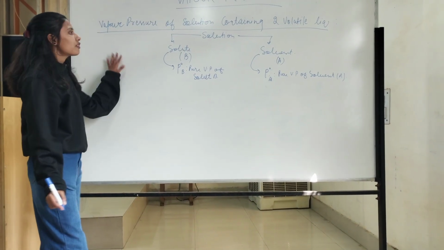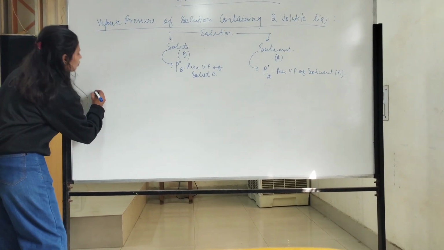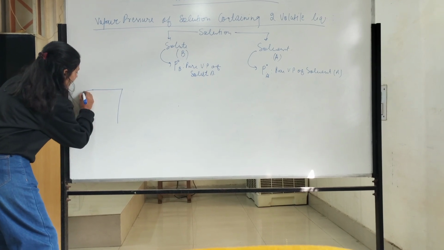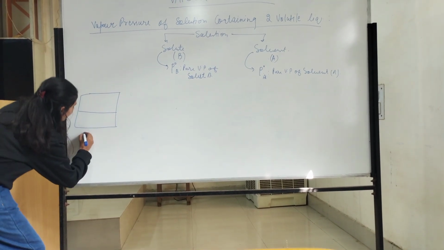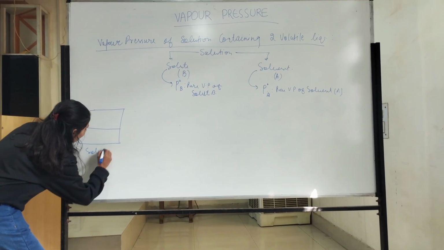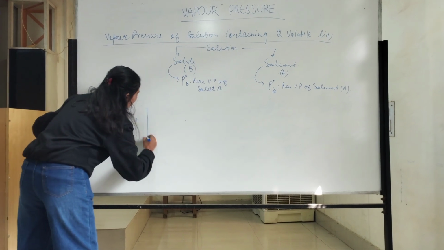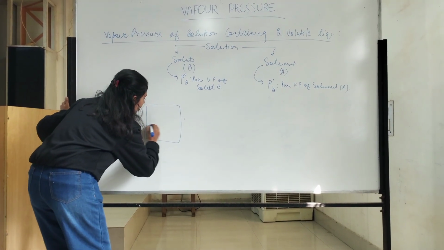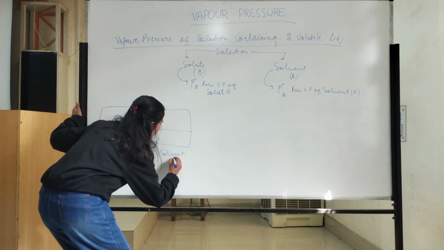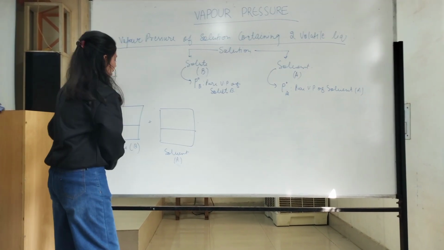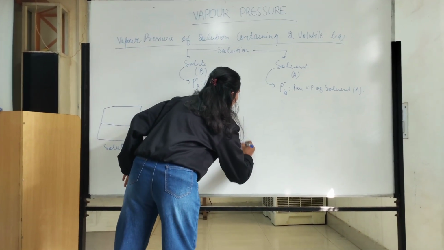To find the vapor pressure of the solution, we are now considering two closed containers. This is the container of solute particles, and the second one is the container of solvent particles. And they will both combine to give the solution.